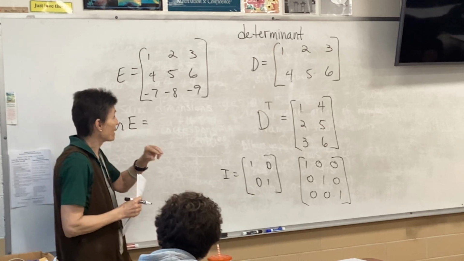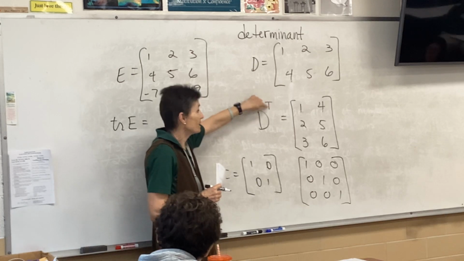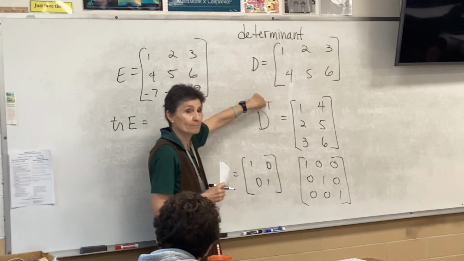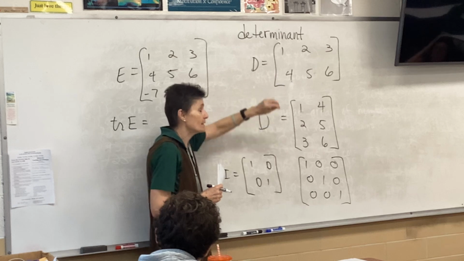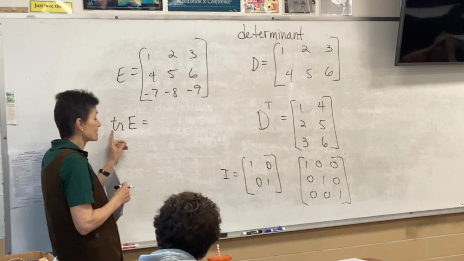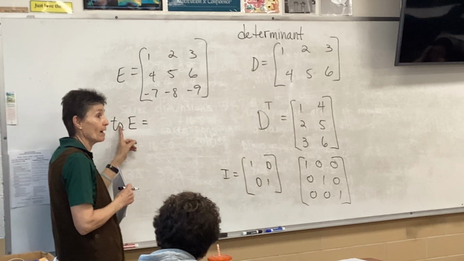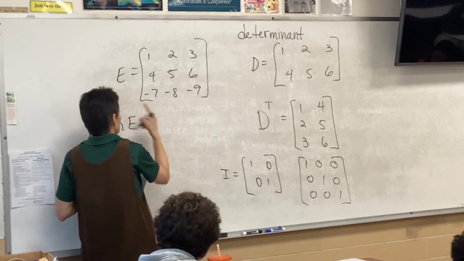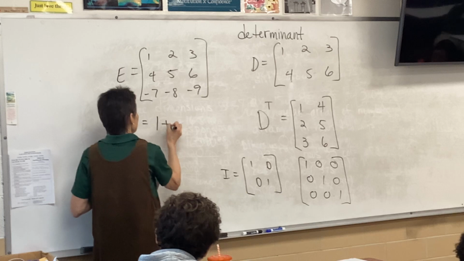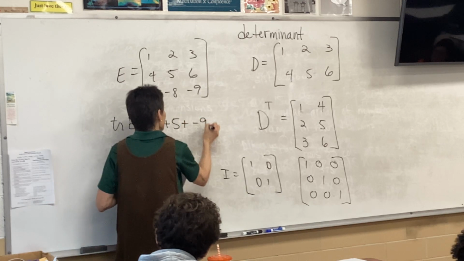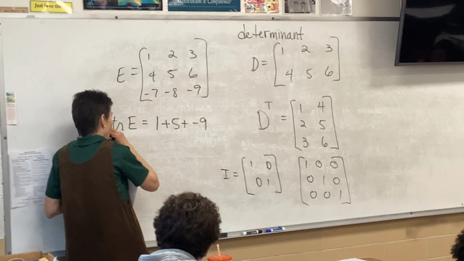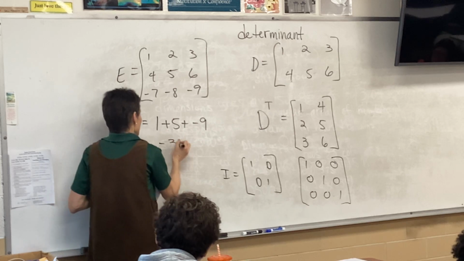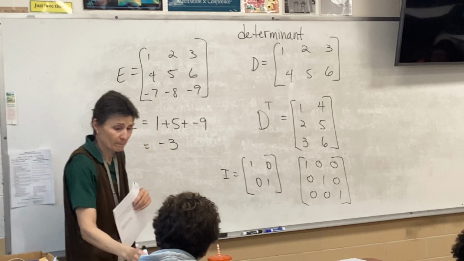So remember, the transpose notation is the capital T up here, like an exponent. And the trace notation is a lowercase tr out here in front. The trace of matrix E is 1 plus 5 plus negative 9. So the trace would be negative 3.